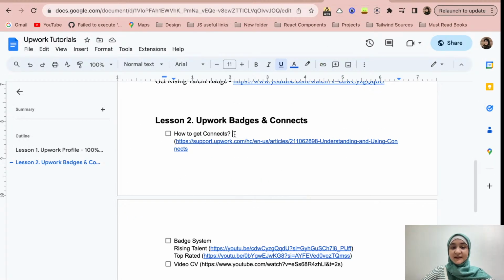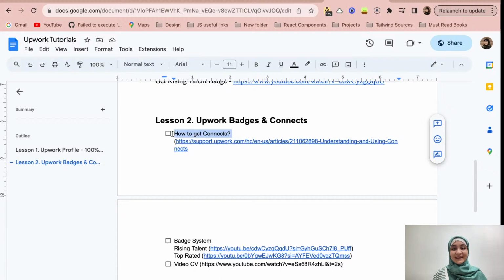While talking about connects, I also want to talk about how to spend them. This is a topic that will be covered mostly in our next session, which is finding jobs, but there are some mistakes you may make while spending your connects. If you are spending connects without any stop, if you are applying to any job you find, you may actually get banned on Upwork.